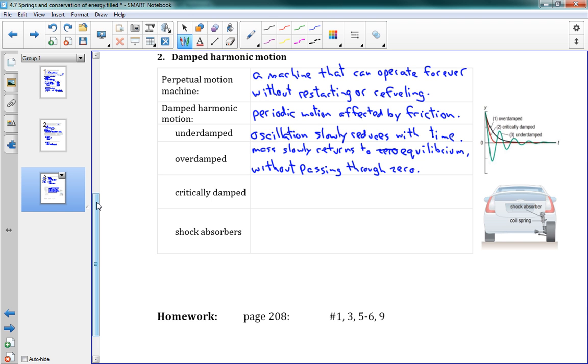Okay, and you can think of, you know how some doors, when you try to close them, they close very, very slowly and eventually just reach the closed point. That's an overdamped system. And you can see that's line number 1 to the right.